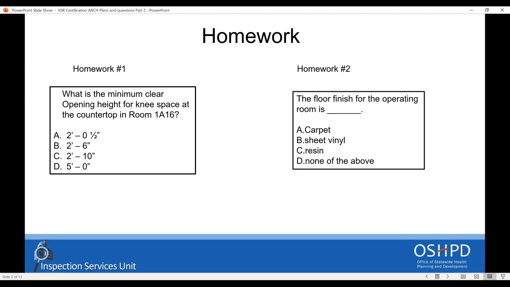Based on the number of the people that submitted the homework, which again was not an obligation to submit, maybe some of you provided the response and didn't submit to us, but it helps. Everybody who submitted answered correctly to homework number 2, but we noticed the struggle on homework number 1.